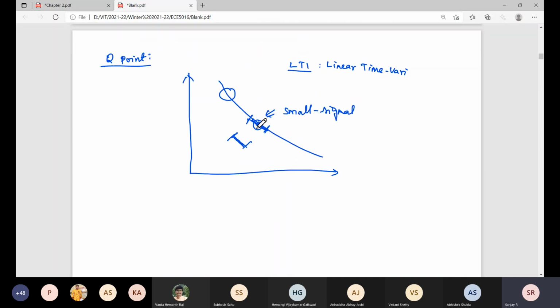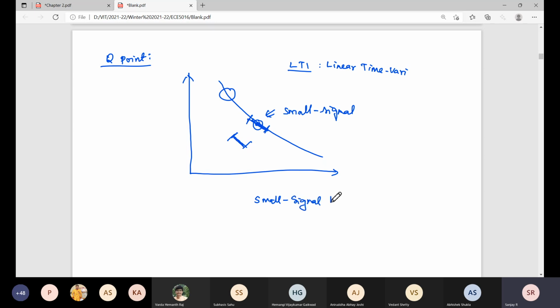I can fix the transistor at this point so that I can model it as linear behavior. Operating the transistor at the Q point and modeling it as linear behavior is called small signal modeling, because we are applying a small signal to analyze the transistor.